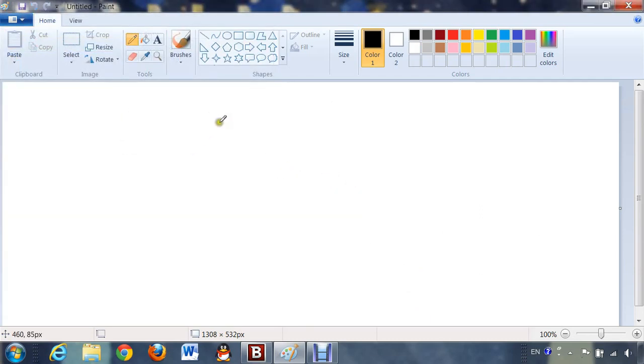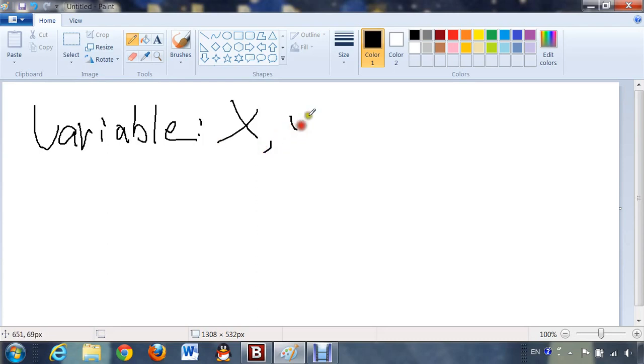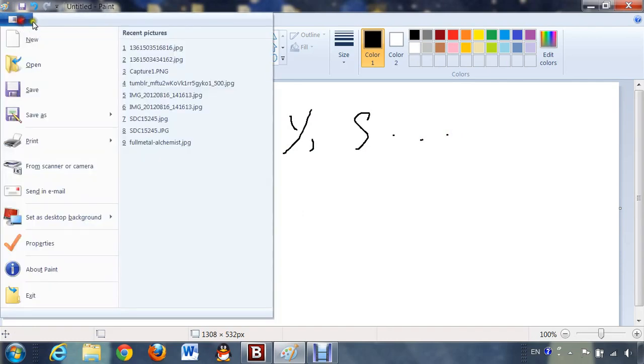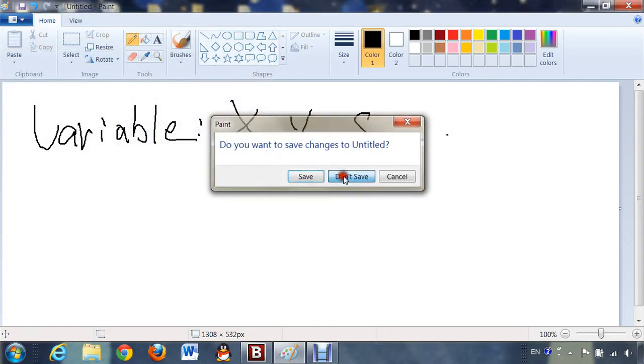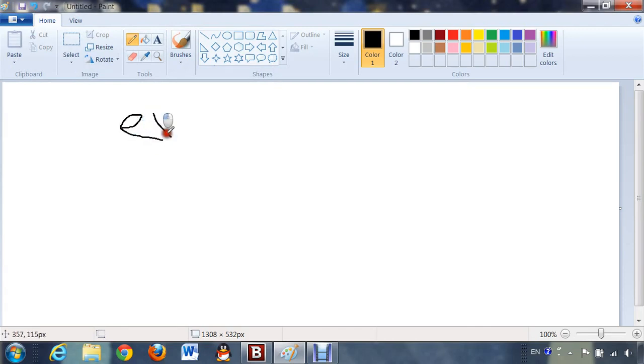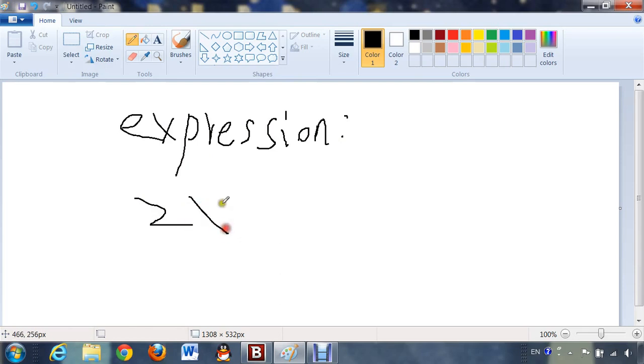That something also can be a variable, which is like x, y, anything. And this something can also be an expression, like 2x plus 1, that's one expression.